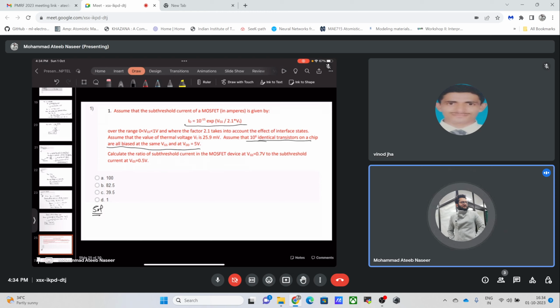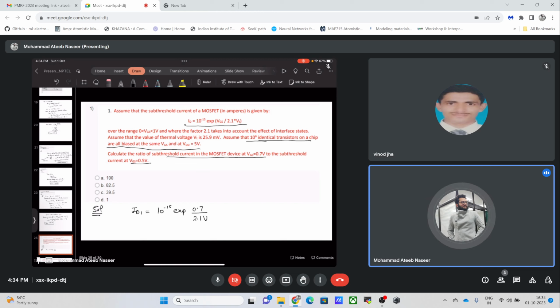It would simply mean that we need to find the ratio of the current at VGS equal to 0.7 and VGS equal to 0.5. So this current ID1 at VGS equal to 0.7 would simply be equal to 10 to the power of minus 15 times exponential of 0.7 divided by 2.1 VT.